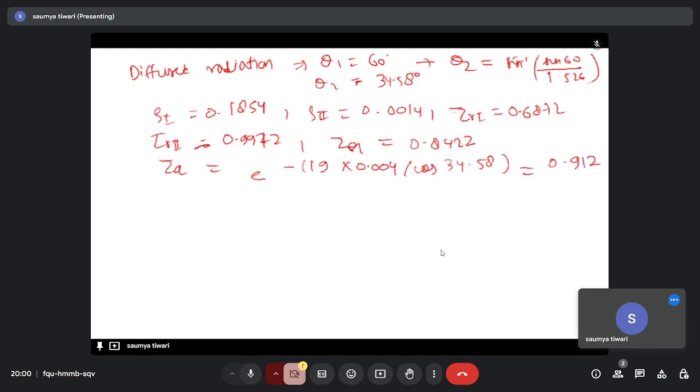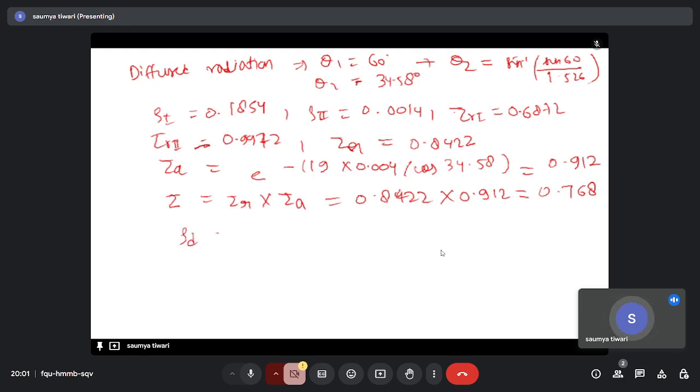Now we can calculate tau, which is tau r into tau a, so 0.8422 into 0.912, which comes to be 0.768. So we have calculated all the required values for direct and diffuse radiation.